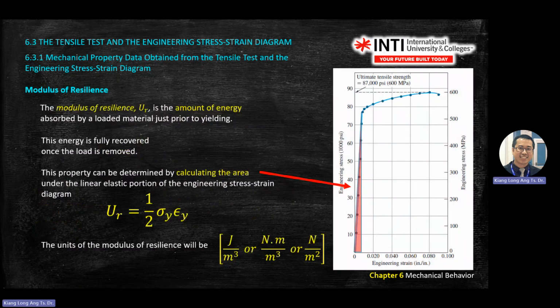The unit can be joule over meter cube. If you want to press the object or material, you can set how many joules of energy to make the metal deform in 1 meter cube. You can design your energy of pressing in joule, or put in Newton meter. This is work done per meter cube, and this one is Newton over meter square, meaning you are pressing the material area with how many newtons.